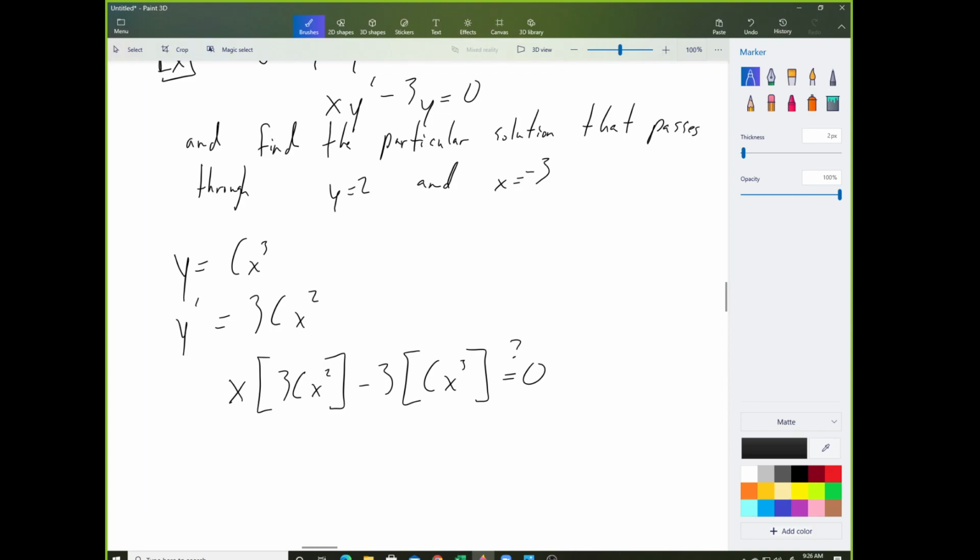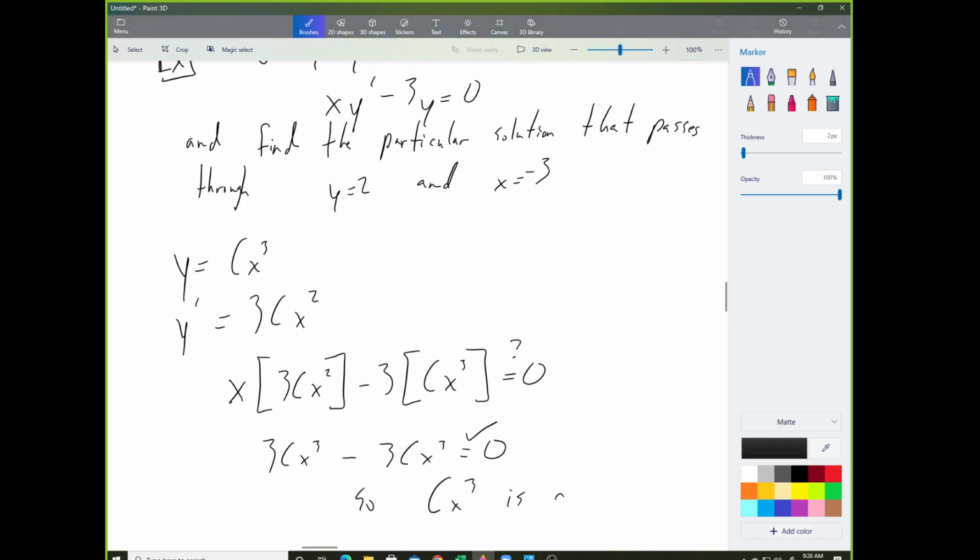And so if I simplify this out, I've got 3cx cubed and 3cx cubed. So I can see that it does equal 0. So this would be a solution. So cx to the third is a solution of x times the derivative of y minus 3y equals 0.